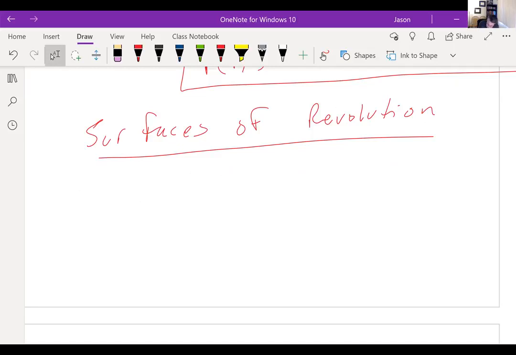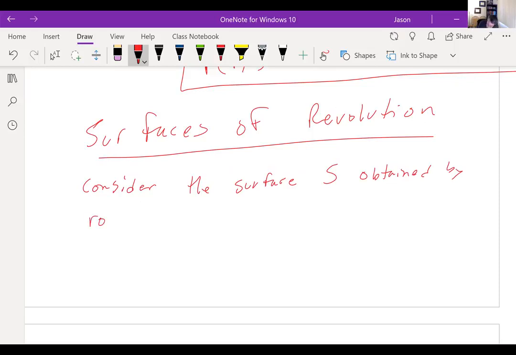Consider the surface S obtained by rotating the curve y equals f of x about the x-axis.